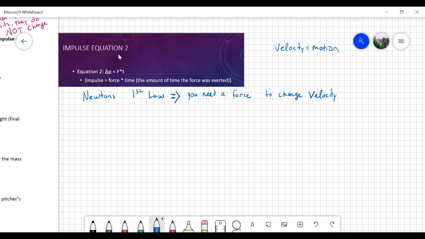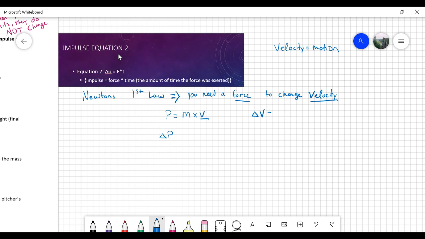So if you need force to change velocity, and you remember from the previous section of notes that momentum is equal to mass times velocity, then you're also going to need force to change momentum.